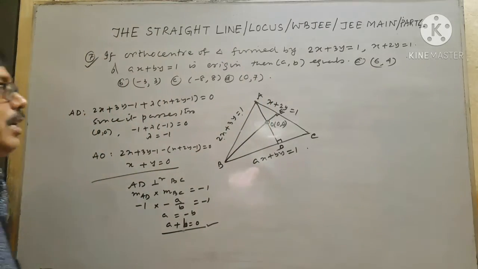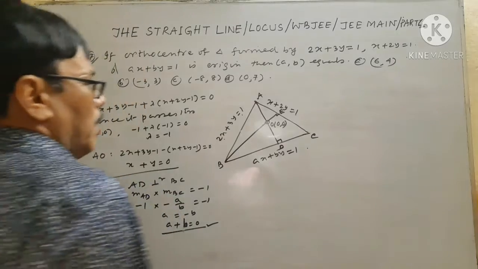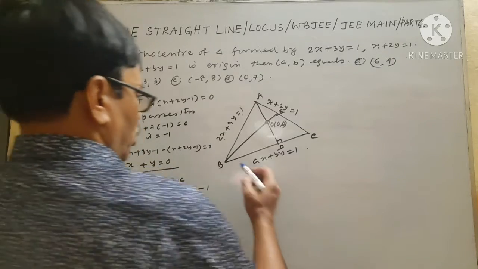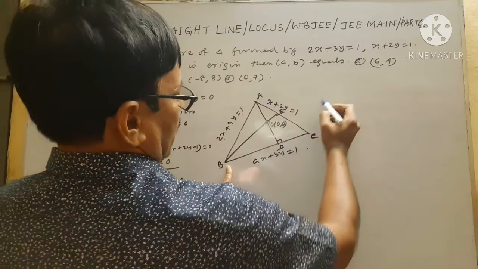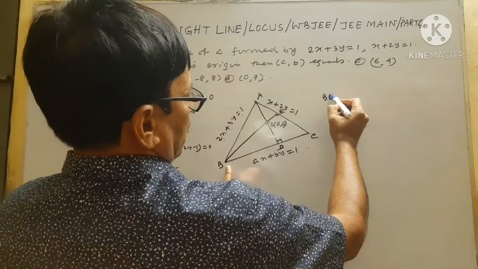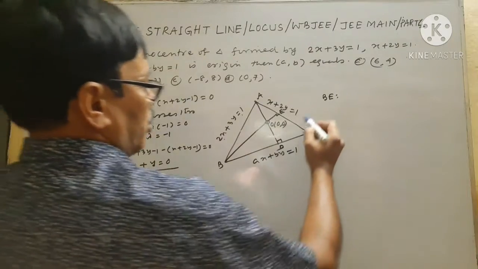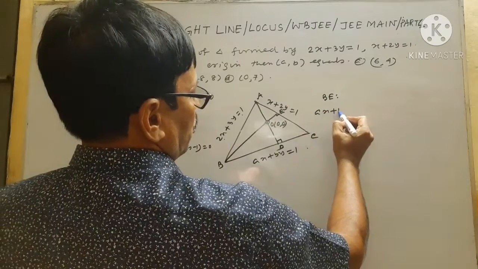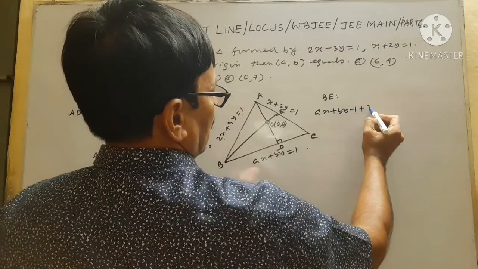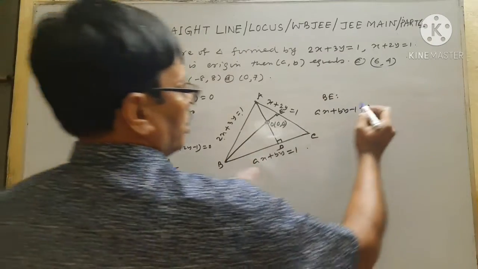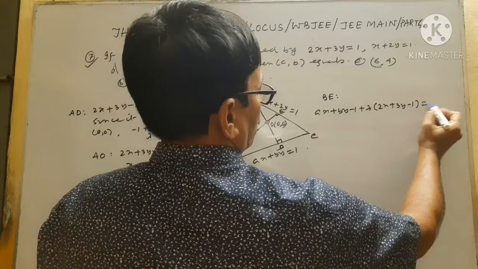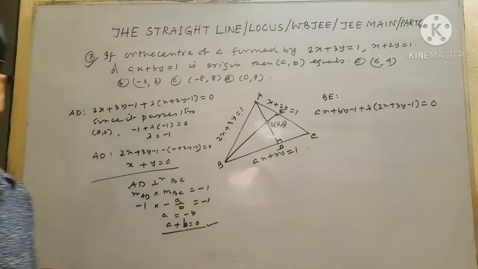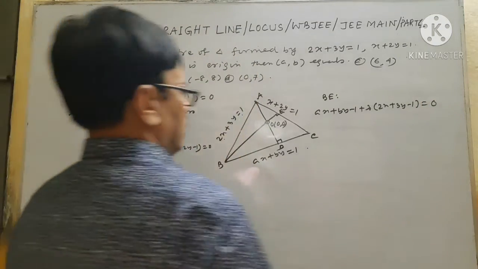Now similarly, look at BE. The equation of BE is (ax + by - 1) + lambda (2x + 3y - 1) = 0.